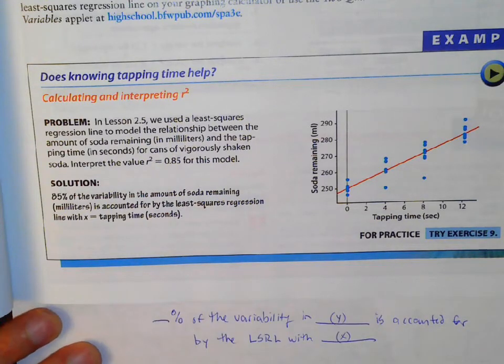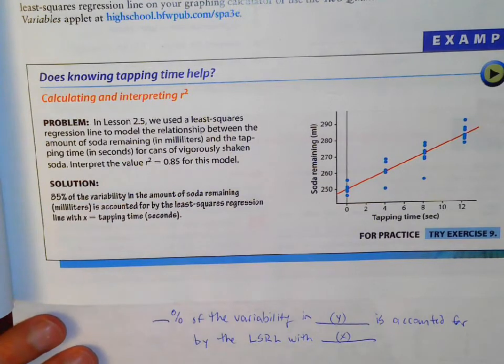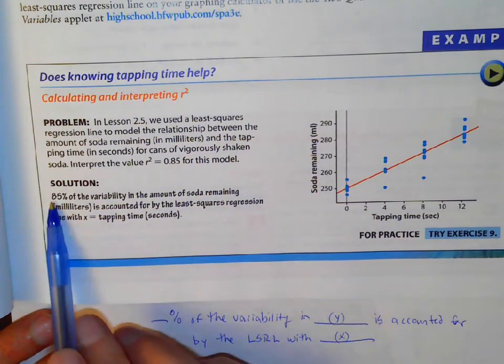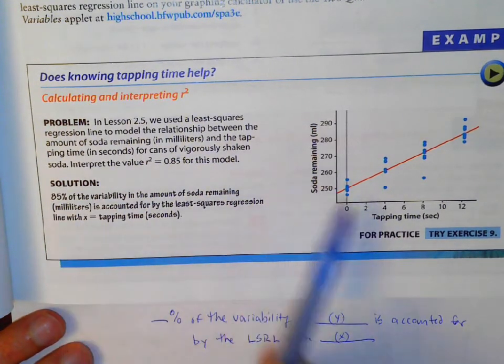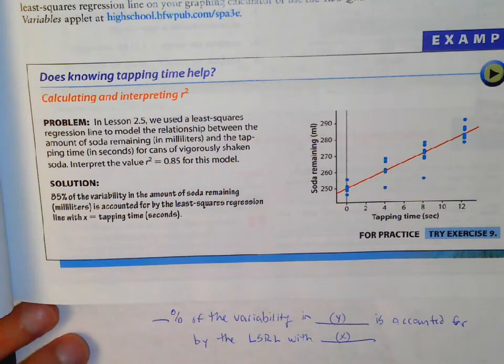So if I ask you to interpret it, you could use that sentence. You could also explain that of the amount of soda remaining, 85% can be explained by the tapping. There's another 15% that is not the tapping, some other factor.